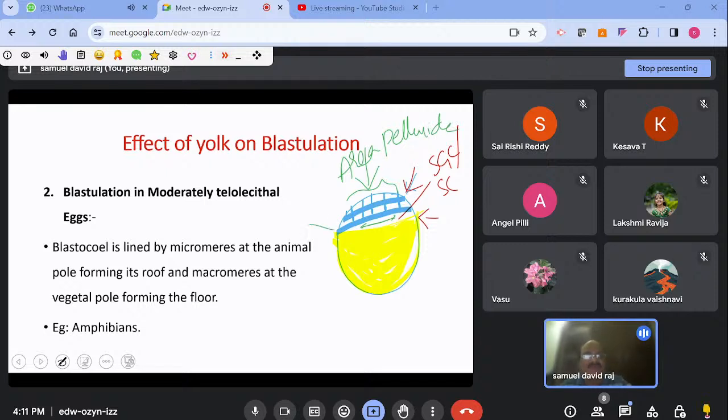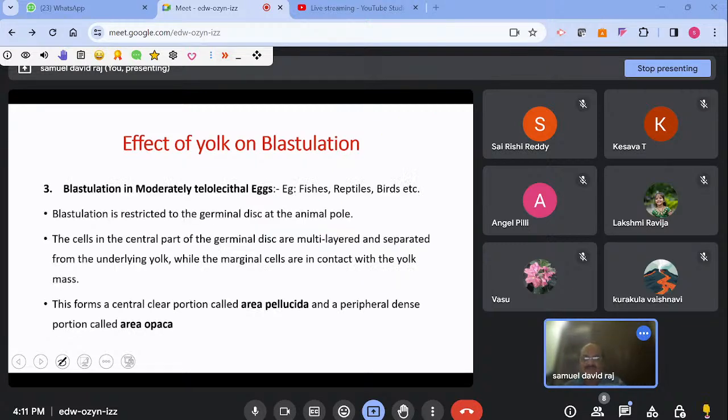Whereas the peripheral portion surrounding the center, the entire periphery, appears somewhat opaque because below there is yolk content, and that peripheral portion is called the area opaca. Okay.